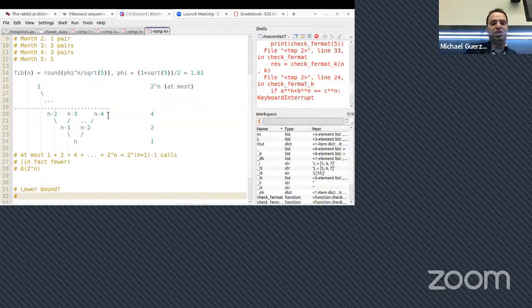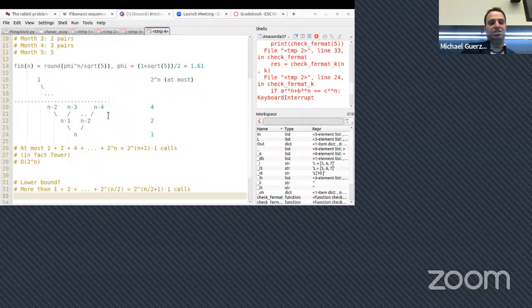So there's going to be more than 1 plus 2, and so on, plus 2 to the n over 2. We've done the computation, so that's 2 to the n over 2 plus 1, minus 1 calls. So there is more than that.